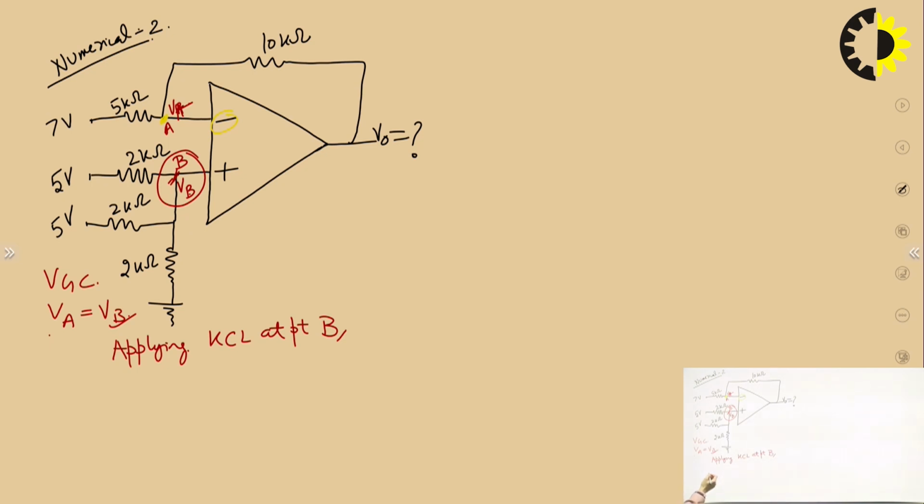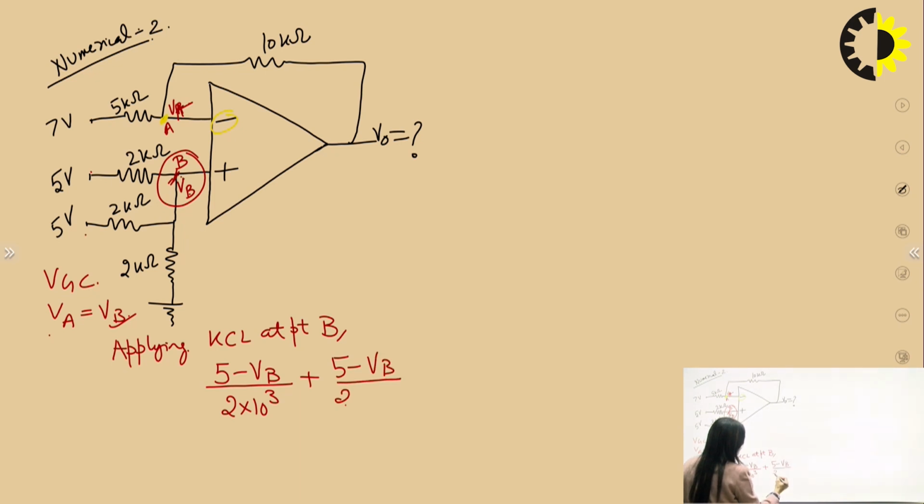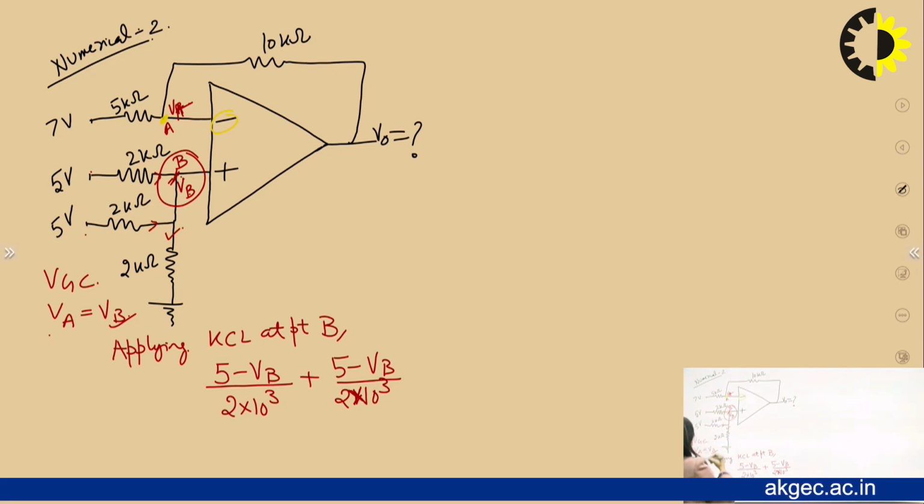So here again, (5 minus VB) upon 2 kilo ohm plus (5 minus VB) upon 2 kilo ohm, into 10 raised to the power 3, this current is incoming, is equal to (VB minus 0) upon 2 into 10 raised to the power 3.